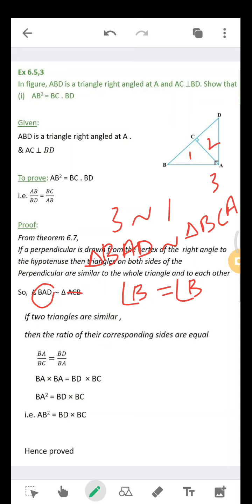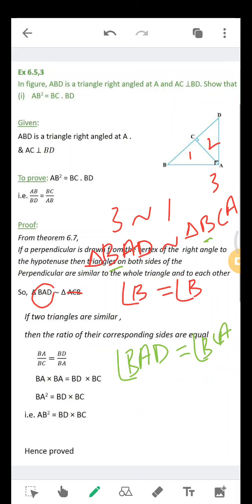In triangle BAD and BCA, angle B and angle B is common, and two angles are 90 degrees: angle BAD is 90 degrees in triangle 3, and angle BCA is also 90 degrees. So these two are 90 degrees each, and I can say these two triangles are similar. ACB we cannot write here, because that will give you the wrong ratio.